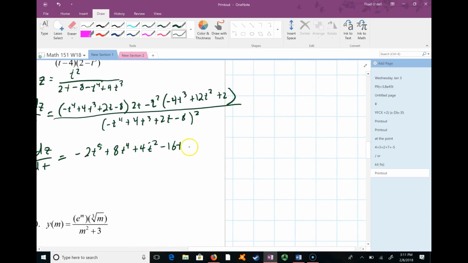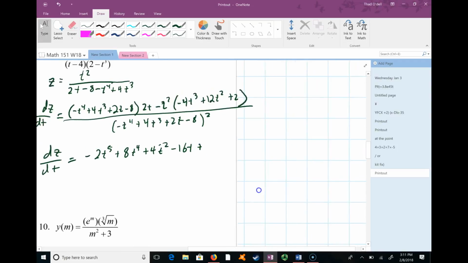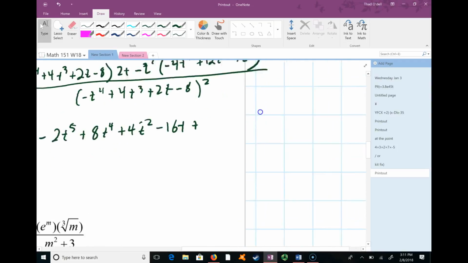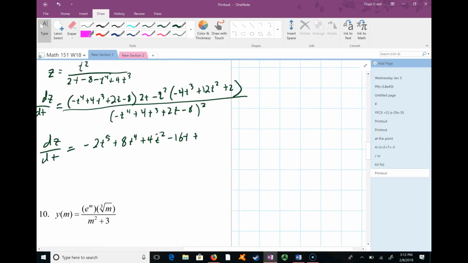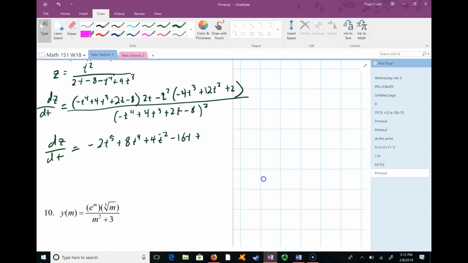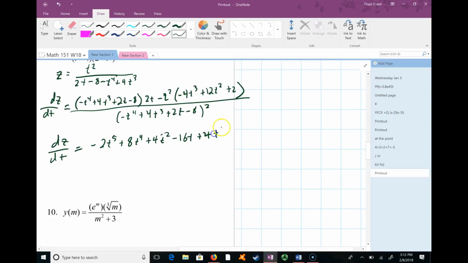And over here, I'm going to get a plus 4t to the fifth minus 12t to the fourth.